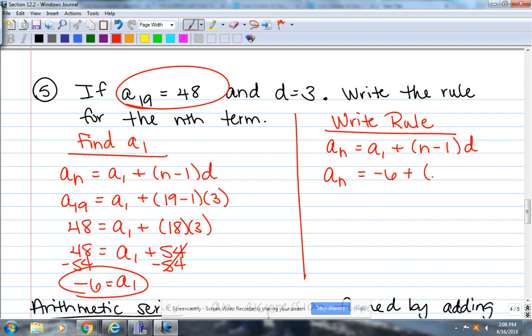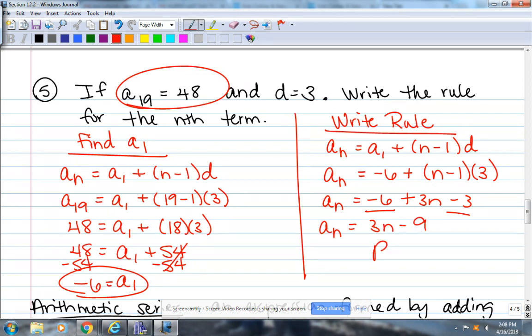Plus, leave it in, you're ahead of me, times 3. d is 3, right? Distribute this side. So a sub n equals negative 6 plus, distribute, 3 times n is 3n, 3 times negative 1. And then combine your like terms. So a sub n equals 3n minus 9. And there's my rule. Good job.